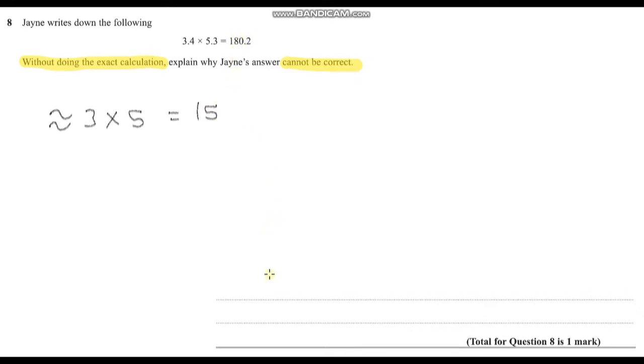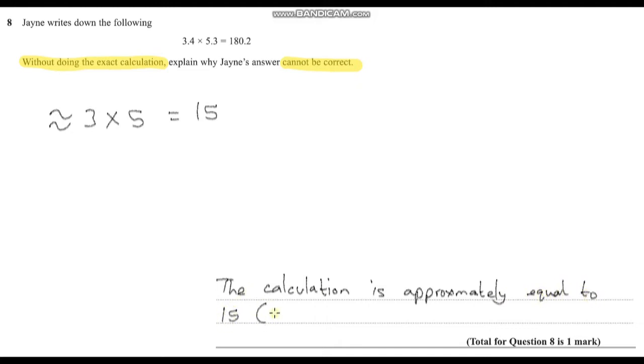So what can we say as our answer? We can say that the calculation is approximately equal to 15, and then I'm just going to put in brackets 3 times 5, and we can just say which is a long way off 180.2.